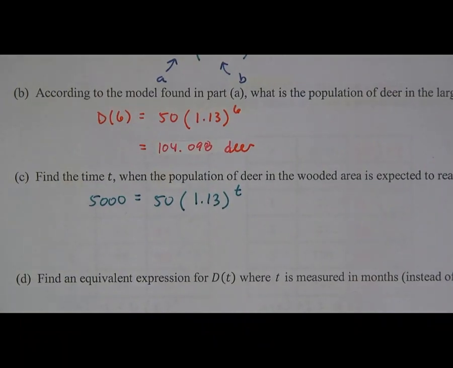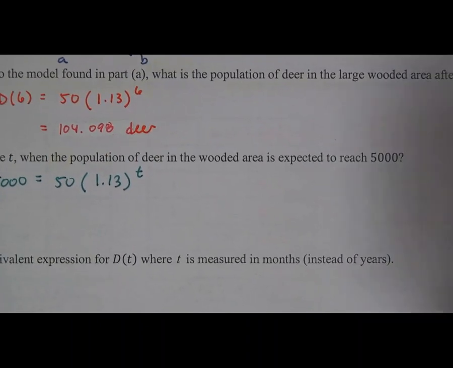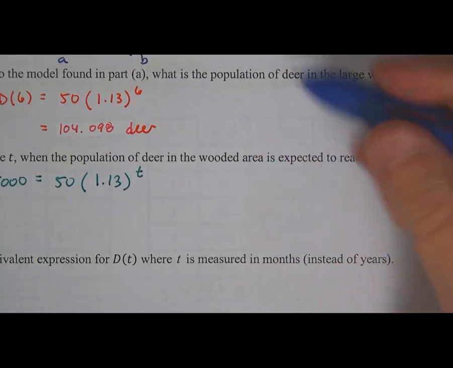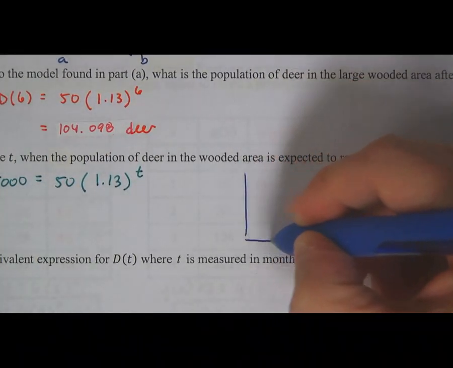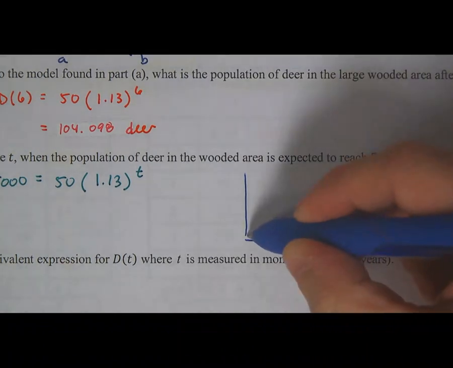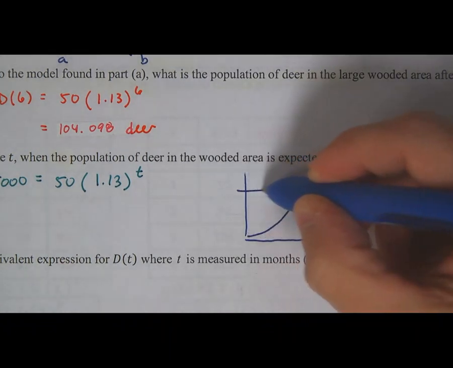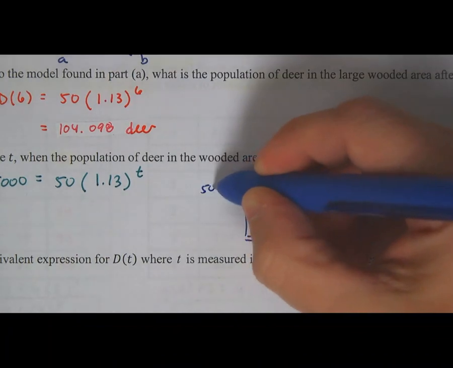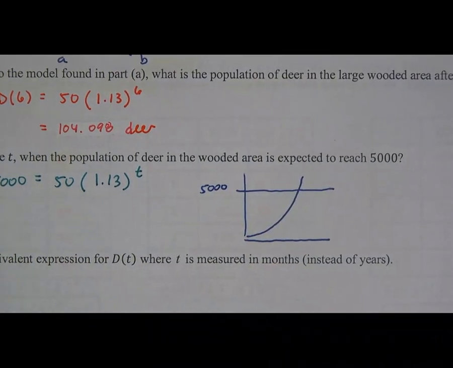Let's graph the left-hand side and the right-hand side and find where they intersect, which is a lot easier than algebraic. Which we'll eventually have to do, but we're trying to just avoid that. Right. So again, big picture, I'm going to find where this exponential growth intersects the horizontal line of y equals 5,000.